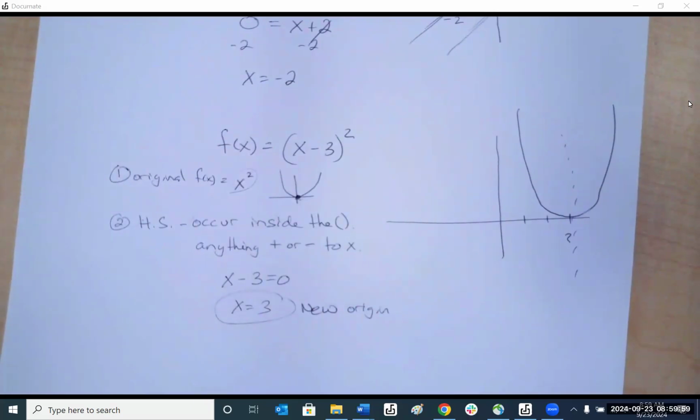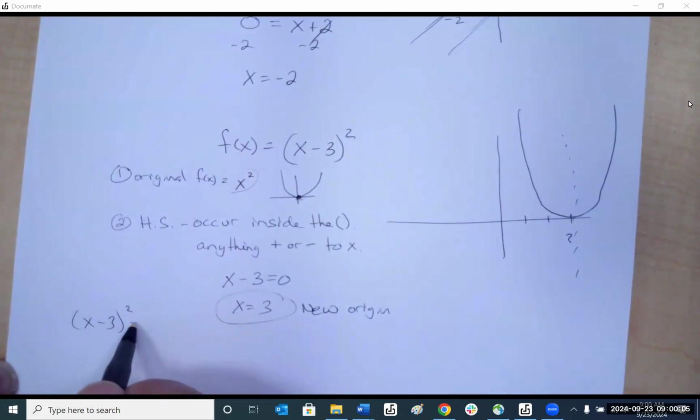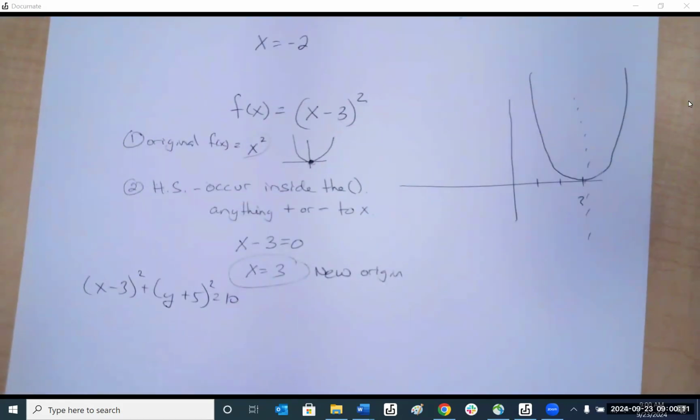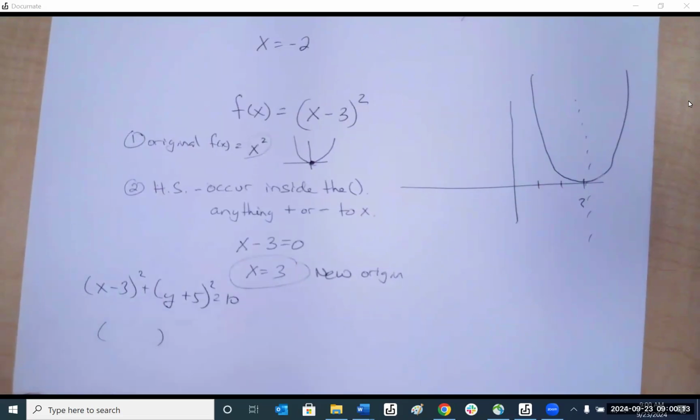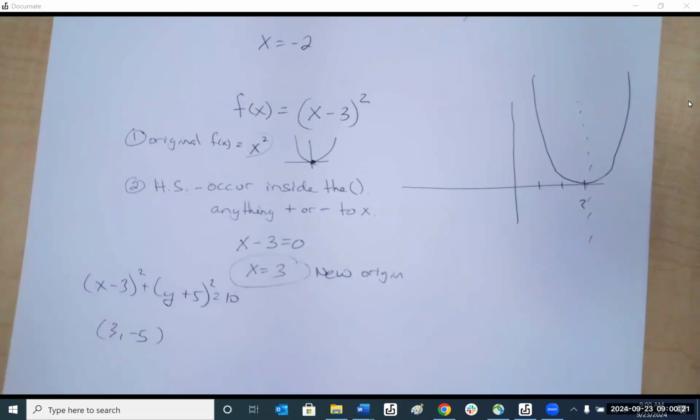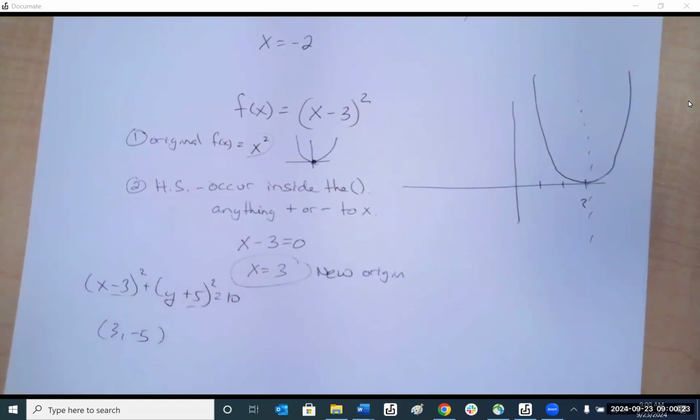Remember when we did circles? If I gave you this, where's the center of the circle? Right. Because it's always opposite what we start off with.